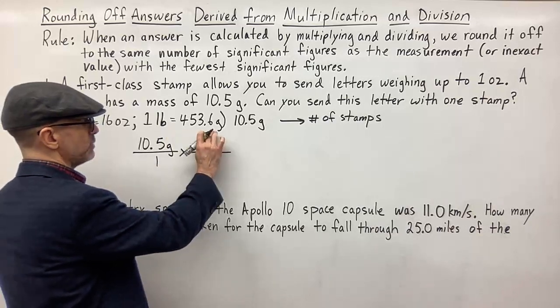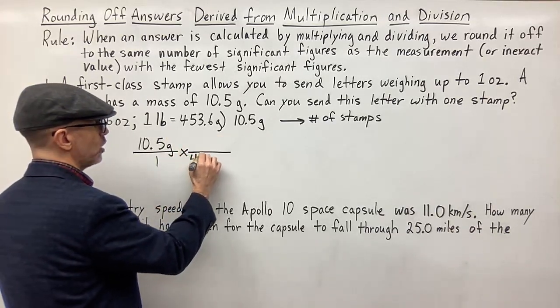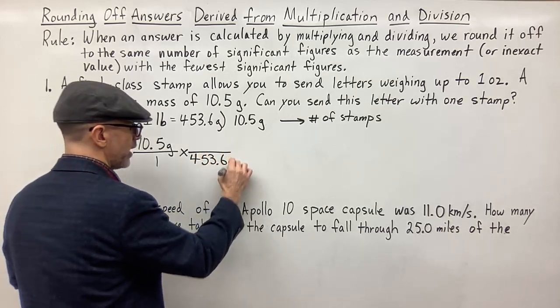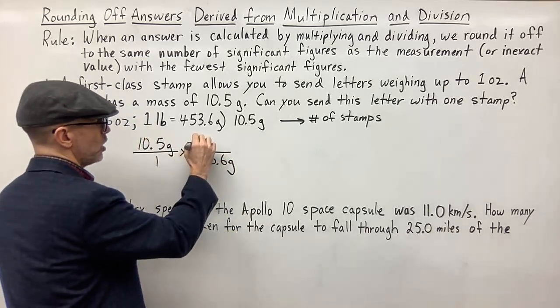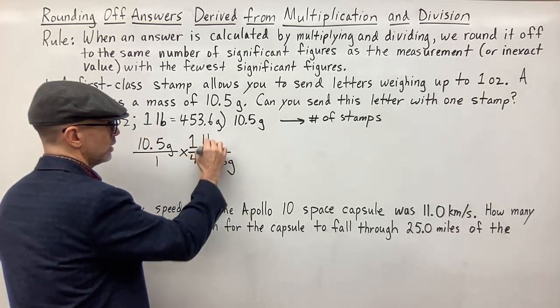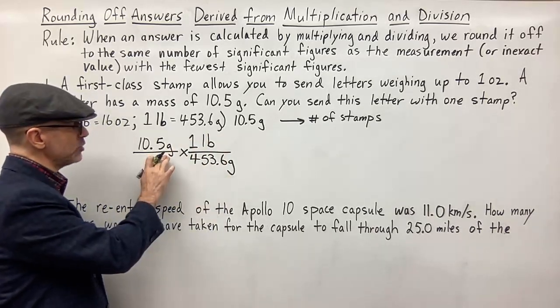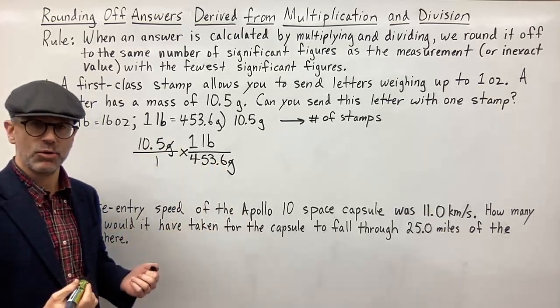So we're going to put grams on the bottom because we have grams on top here. So we have 453.6 grams on the bottom and 1 pound on top. We put the grams on the bottom, so grams cancels out.